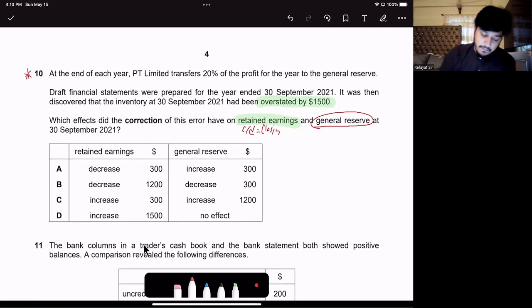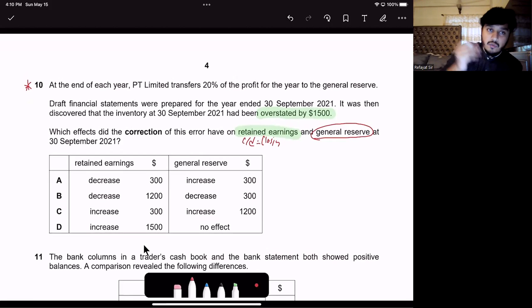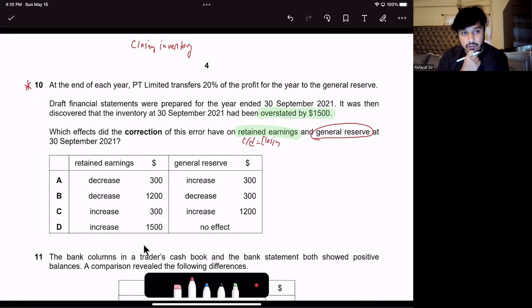First of all, closing inventory. Let me give you a small flow chart which might help you out. Closing inventory is always subtracted in cost of sales to figure out cost of sales.